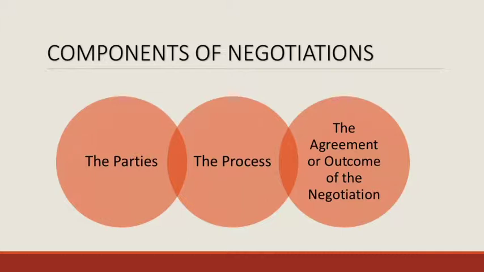If we have an effective process, we would manage the negotiation strategy, its stages and tactics used effectively or in an efficient way. So it gives the direction of how the negotiation will end. And then, of course, we have the agreement or the outcome of the negotiation.